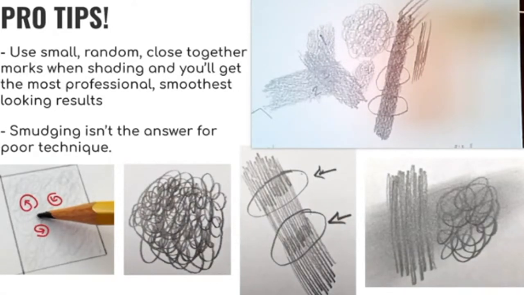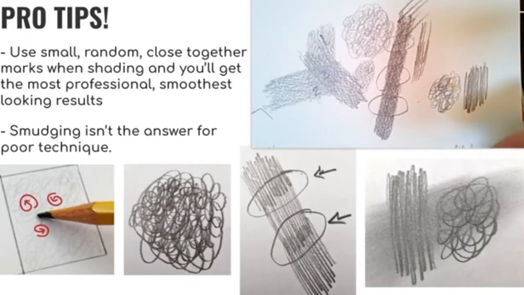Okay, but the reason that I have such an issue with smudging is because oftentimes people use it instead of good shading. Okay, so they do, you know, this type of shading, little tiny circles, or they go really, really quick with their shading. And then they just take their finger, and first off, don't use your finger.